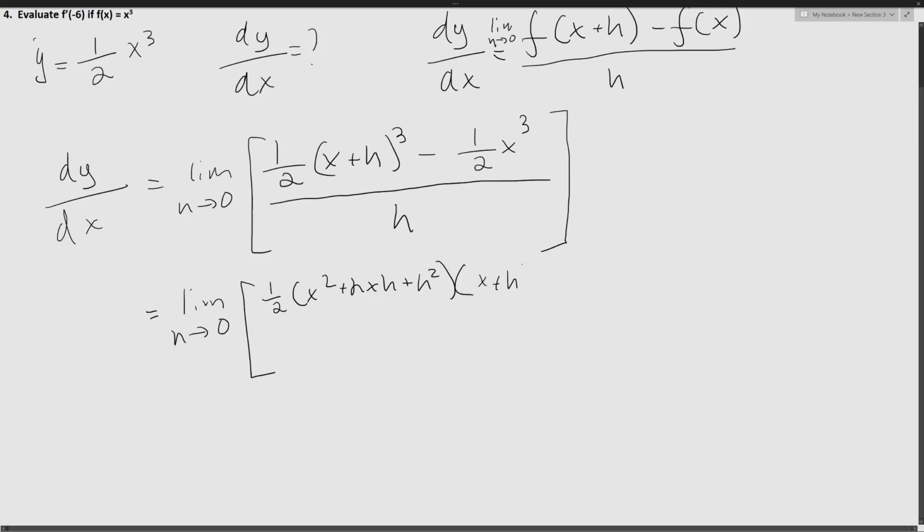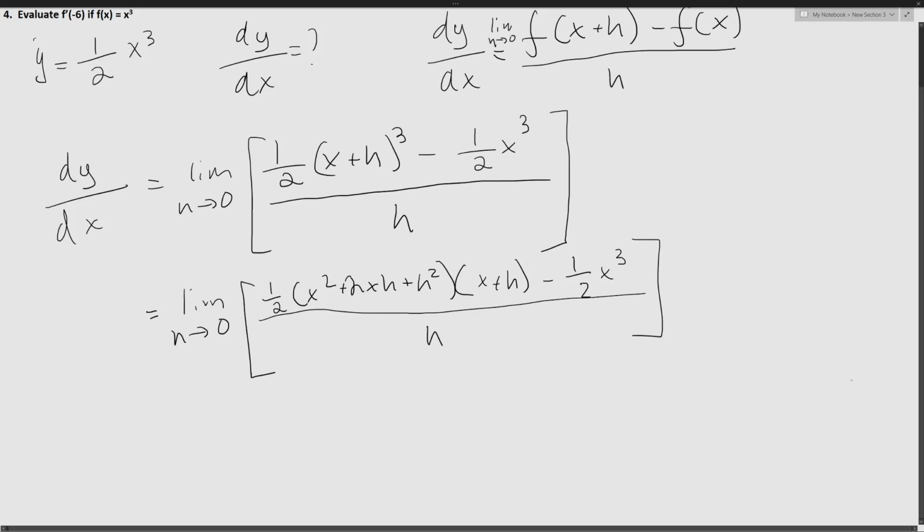I personally didn't bother to memorize it because my speed in doing these types of questions is pretty good for now. So I didn't do that. But now we could do this in 2 steps. Either way, for our second term, we have 1 over 2x to the power of 3. That doesn't change, and we could still divide this all by h.